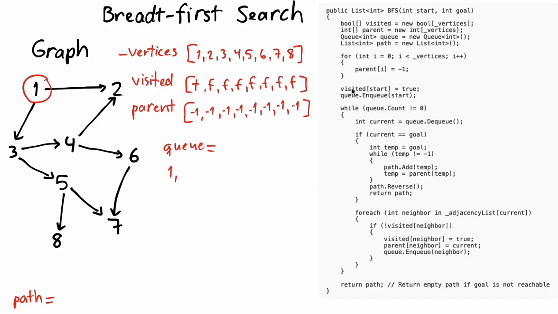And if this queue is not null, so it is not empty, we start doing that loop. And at first we set current to the first value in that queue. So now this one is current.